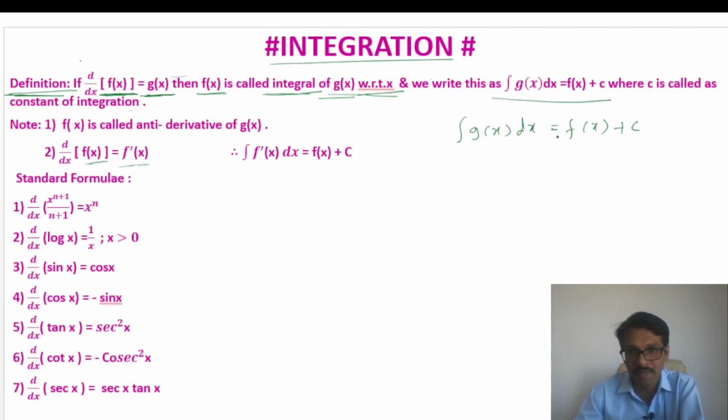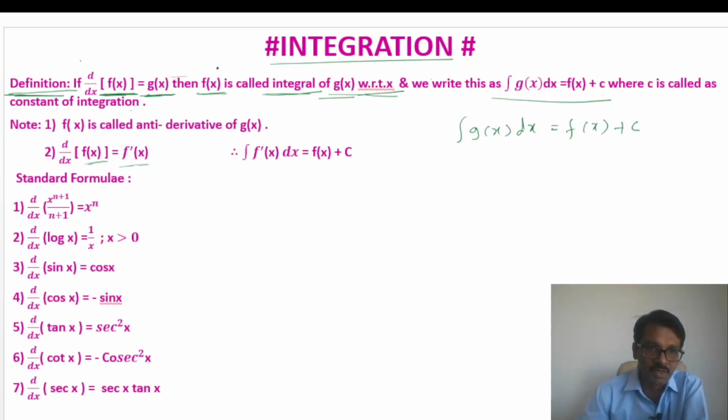If you take the derivative of f of x plus c, we get g of x. So integration and derivative are connected to each other as a reverse process.